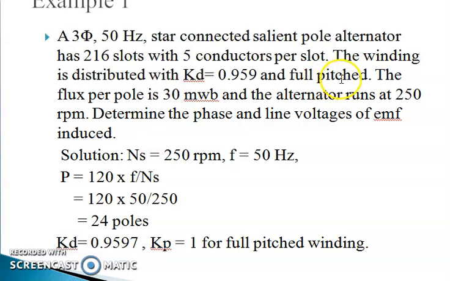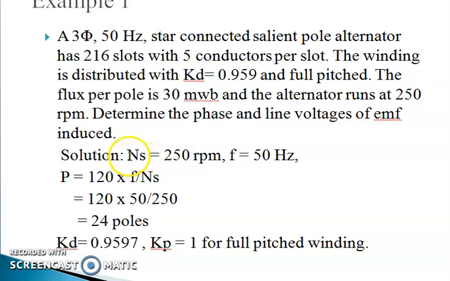The flux per pole is given, that is 30 milliweber. Then the speed is given, n equal to synchronous speed ns equal to 250 rpm. Then they ask to find the phase and line voltage of the EMF induced.